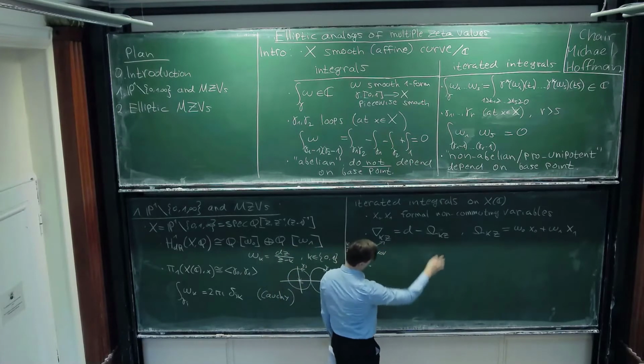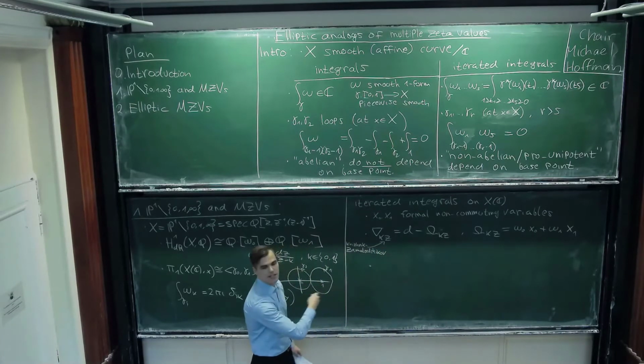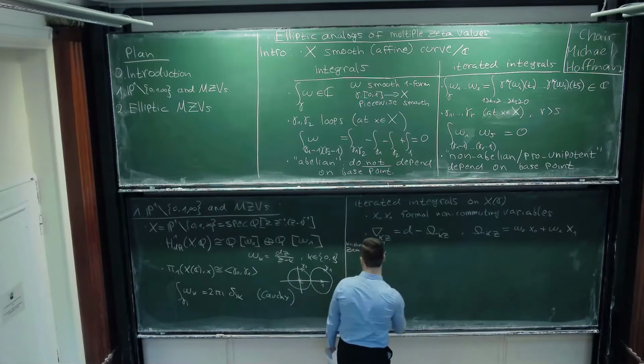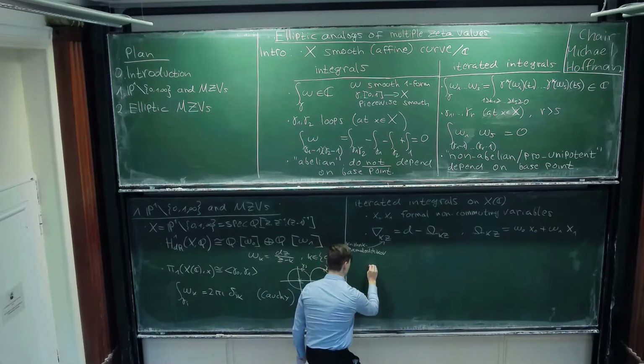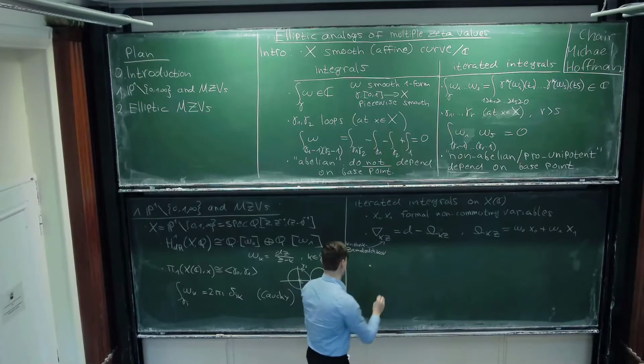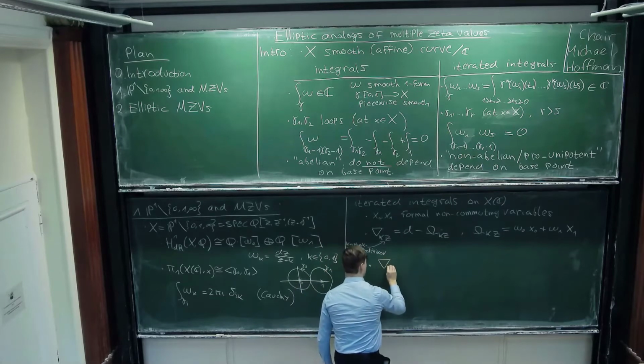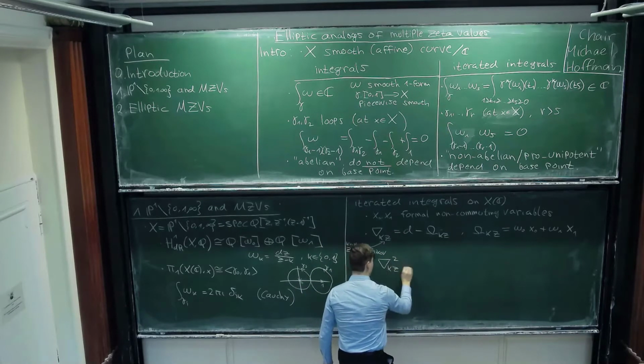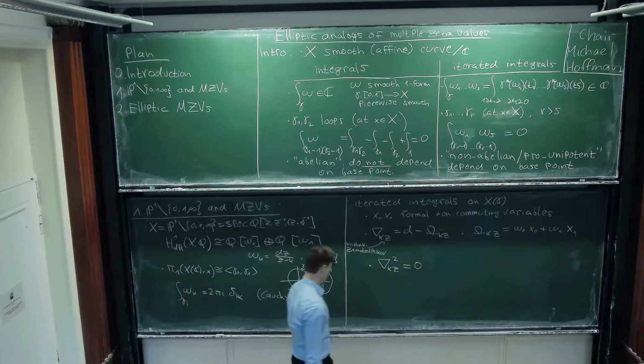This is just a connection which is probably the first thing you think about if you think about P1 minus 3 points. But what is really important to have in mind is that this connection is flat. So its curvature vanishes.